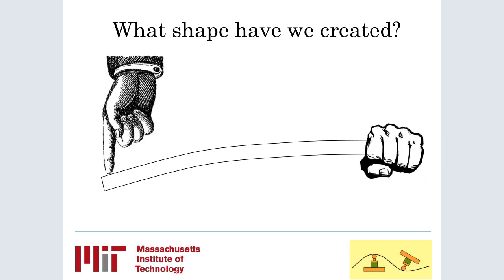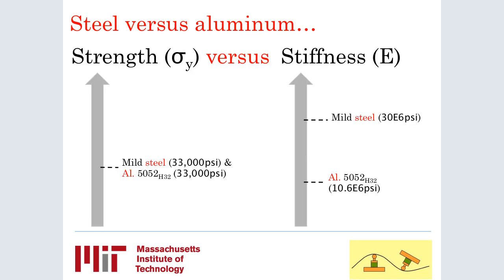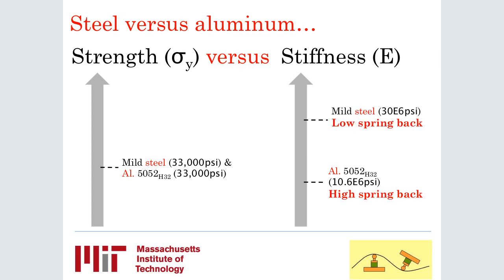So what shapes have been created, now the steel versus the aluminium. Now when you're using steel and you're using aluminium, how perfect or how well do the shapes form?